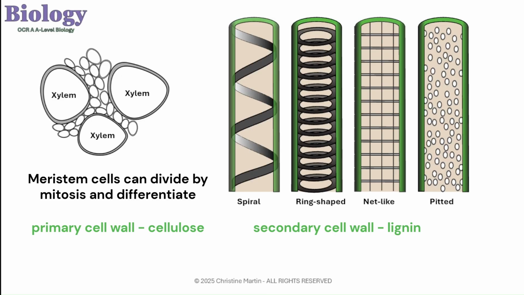Now, these patterns can be spiral, they can be ring-shaped, they can be net-like, or pitted. Now, this lignification strengthens the wall and prevents collapse under the tension created during water transport. After the secondary wall is complete, the xylem undergoes programmed cell death.